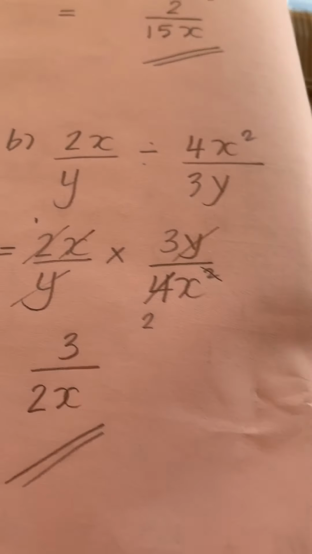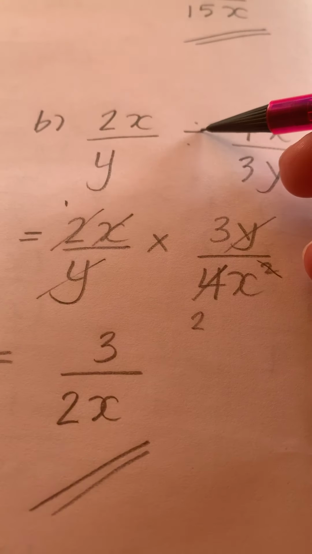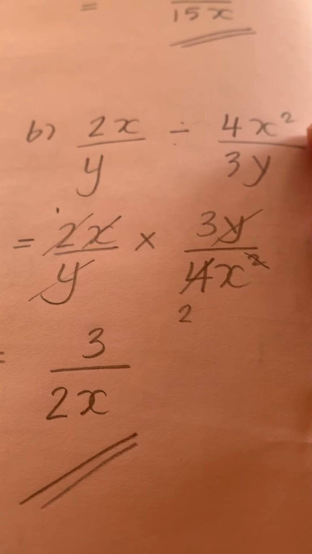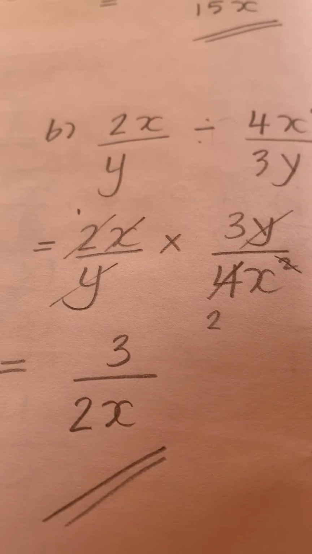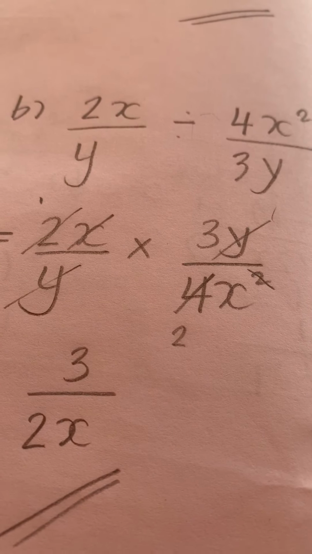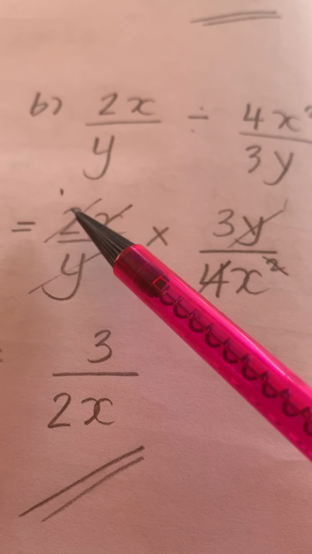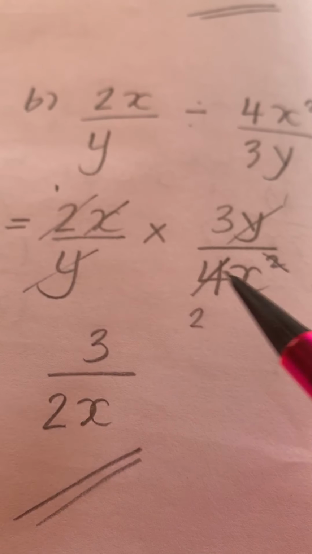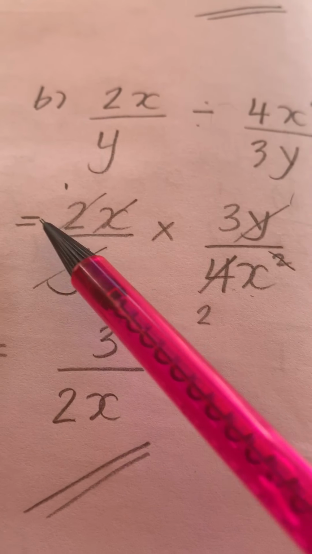Final question, same kind of thing. Again, change the sign to multiply, flip this fraction upside down, so I end up with a 3y on the top and the 4x squared on the bottom, and then again just looking for simplification. So I've got a 2 here and a 4 here, so they both divide by 2.